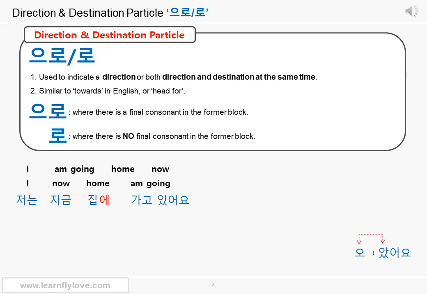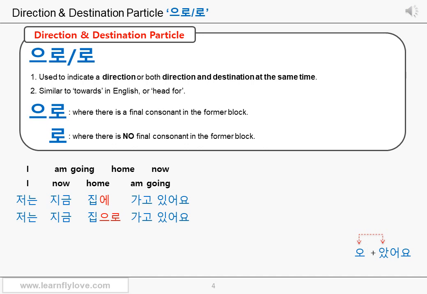I, 저는, now, 지금, home, 집 plus the destination particle 에, 집에, am going, 가고 있어요. 저는 지금 집에 가고 있어요. Sounds nice and neat since 집 is clearly your destination. Let's use the direction and the destination particle 으로, 로 instead of 에.